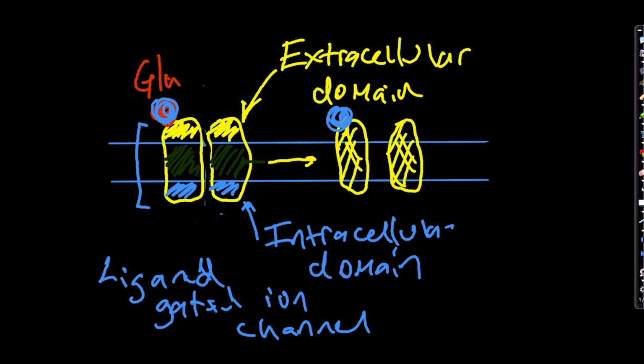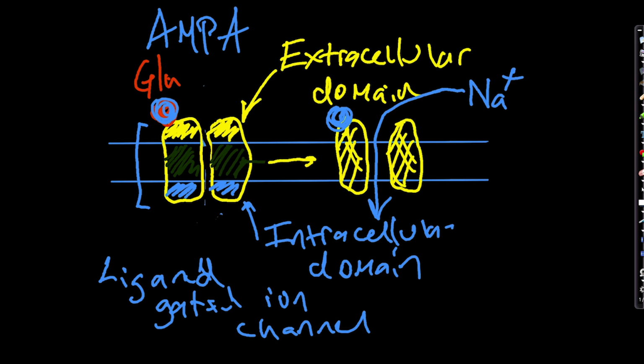However, here on the right, the channel has opened. Now, what does that mean? It means that ions can now flow through the channel. Which type of ions? We've met them before. Sodium ions. So this particular type of glutamate receptor, the AMPA receptor, is a ligand-gated ion channel that is gated by glutamate.